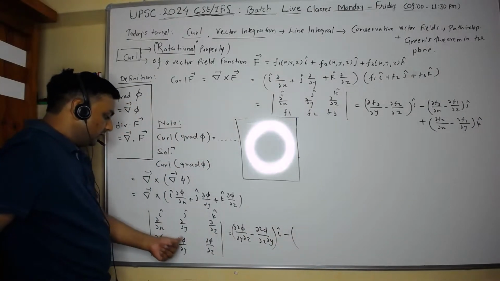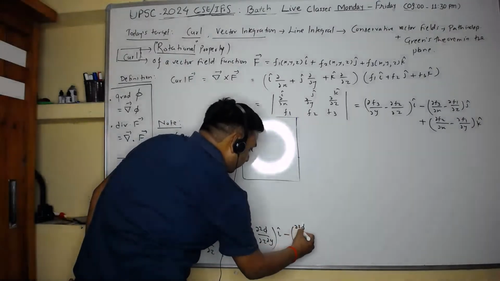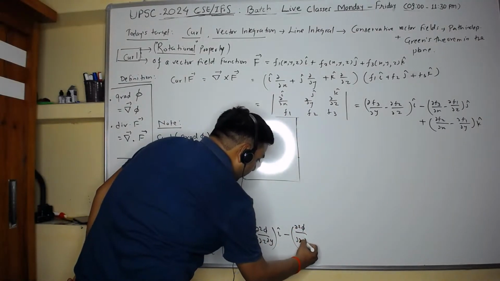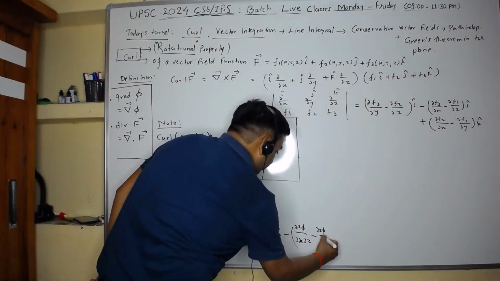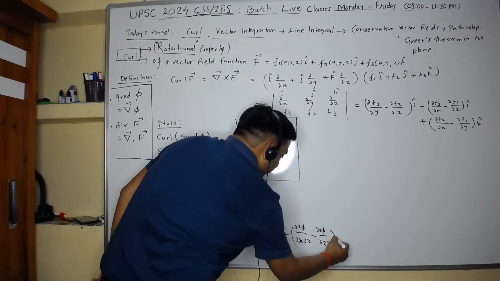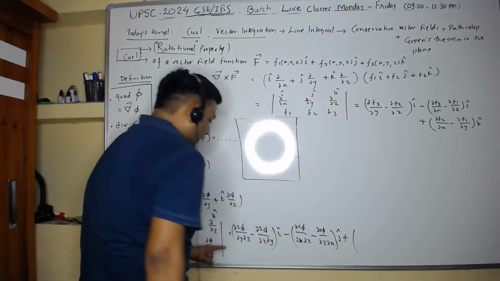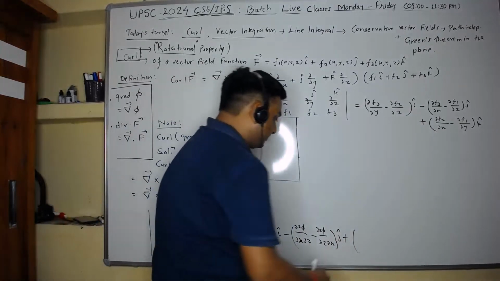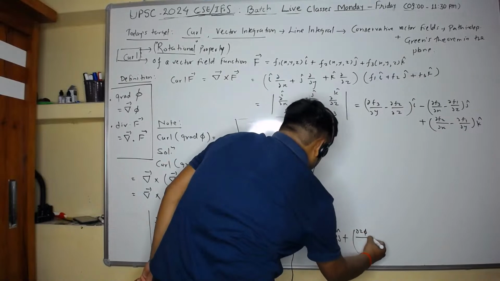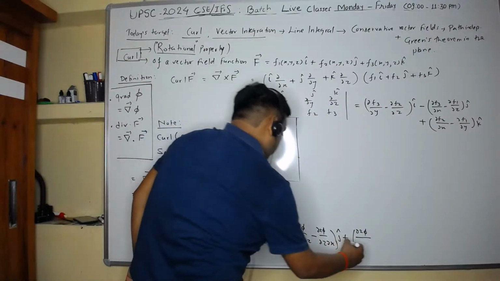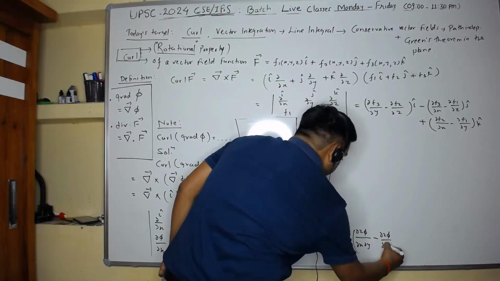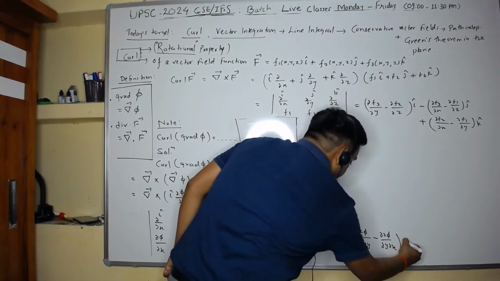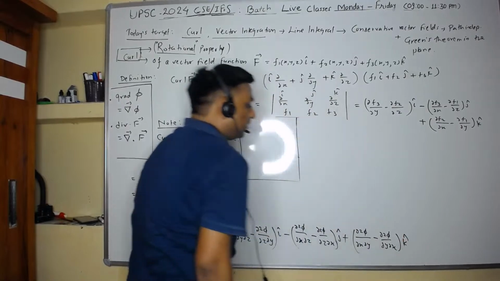Other component: dou 2 phi over dou x dou z minus dou 2 phi over dou z dou x, that is j cap. And then dou 2 phi over dou x dou y minus dou 2 phi over dou y dou x into k cap.